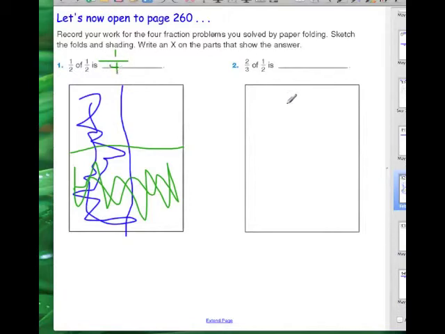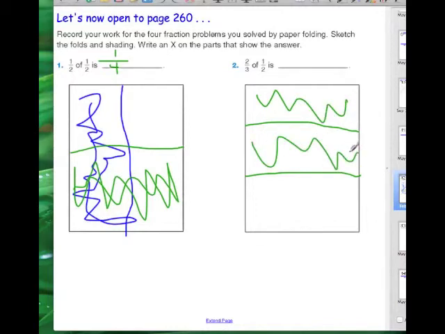Okay, now we're going to do number 2 together as well. 2/3 of 1/2. So first we're going to divide our paper into thirds and shade 2/3 of it. So we're going to shade this one and this one. And now we see of 1/2. So we're going to grab a different color and we're going to shade half of that.